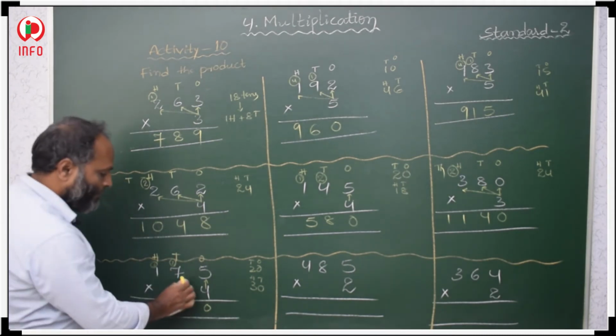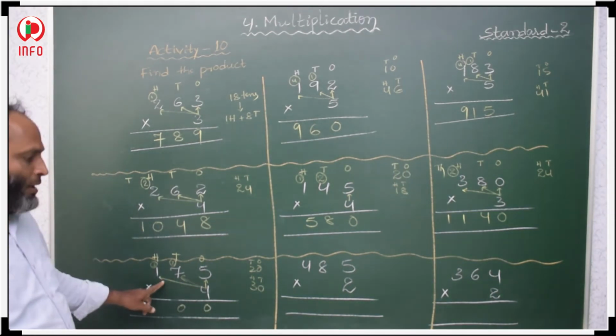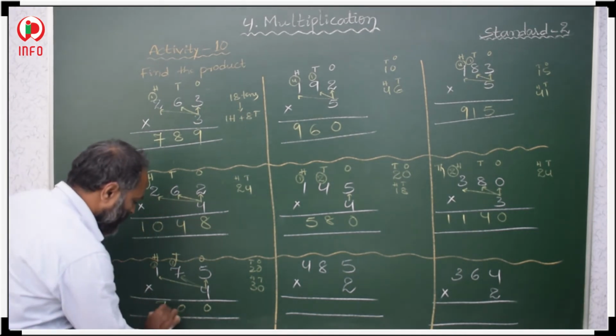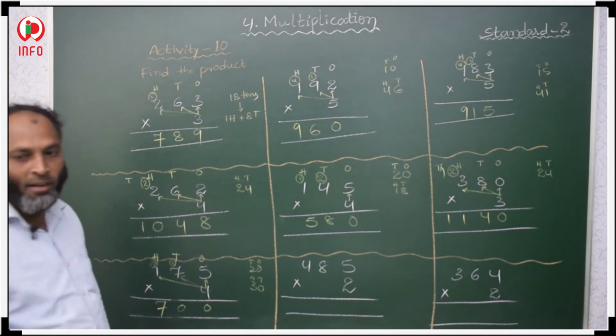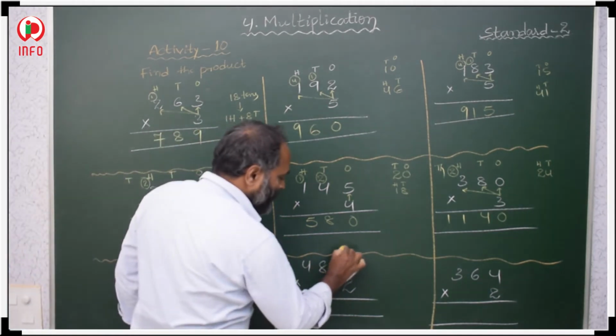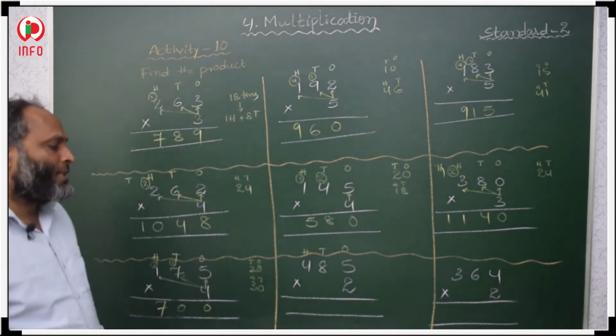Now 4 with 7 is over, 4 with 1, 4 ones are 4, 4 and carry over here 3, 4 plus 3, 7, 700. Okay.